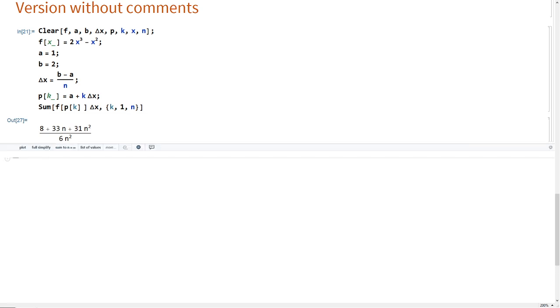Okay. So with Mathematica, we're already figuring out here that the area, which is the limit of this sum, we're still computing this thing.